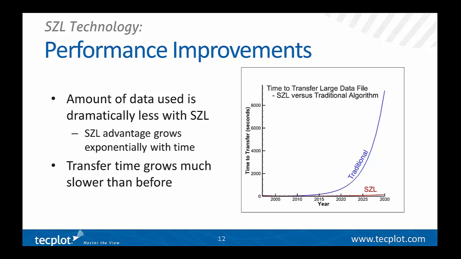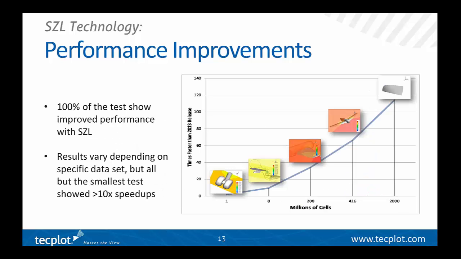And here are a few more examples. So this is several real CFD cases of various sizes and millions of cells, from the 1 million cell range up to the 2 billion cell range.